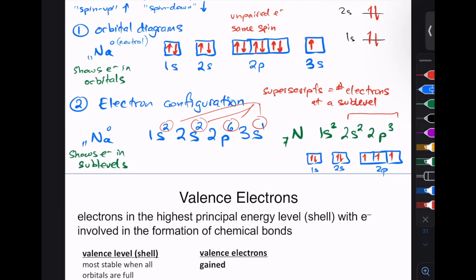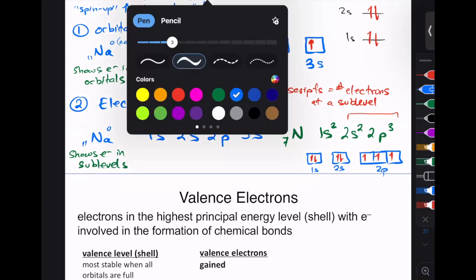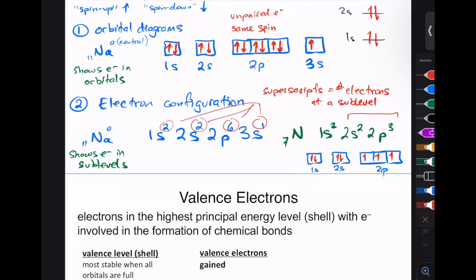There's just 1, because n equals 3 is the highest energy level that has electrons in it, and there's only 1 electron there. You can see that both in the orbital diagram boxes and in the electron configuration, because at n equals 3, there's only the 1 electron.